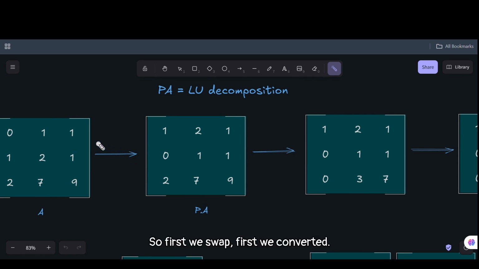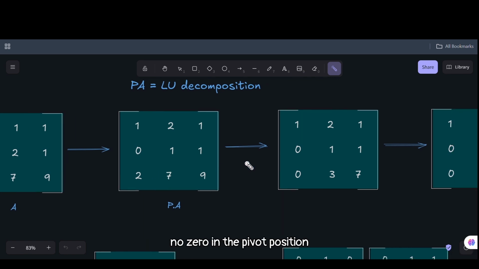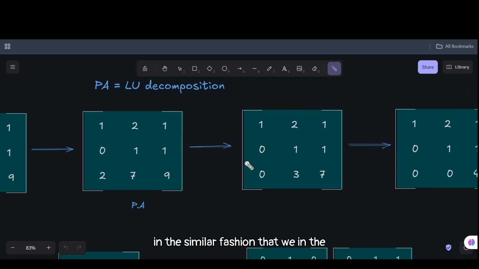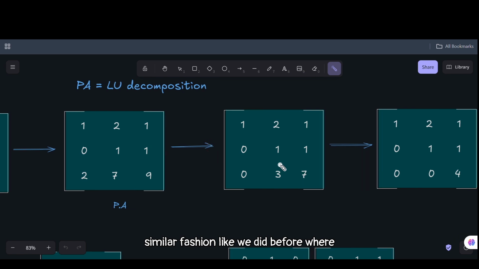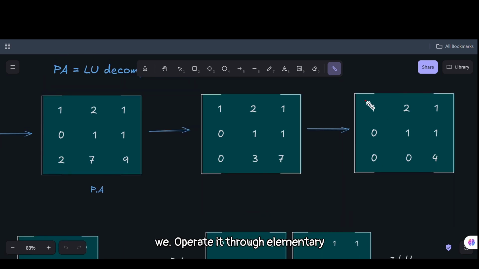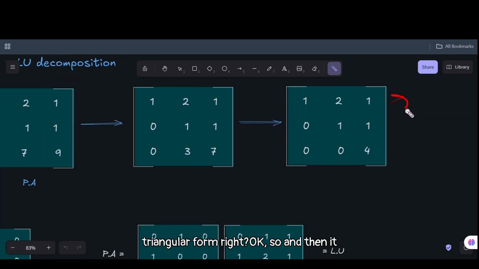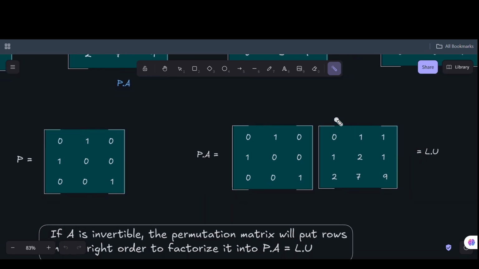So first we swap the rows so that there is no 0 in the pivot position, and then we operate in a similar fashion like we did before, through elementary operations, and we obtain our upper triangular form, right? And then it is further decomposed into LU decomposition.